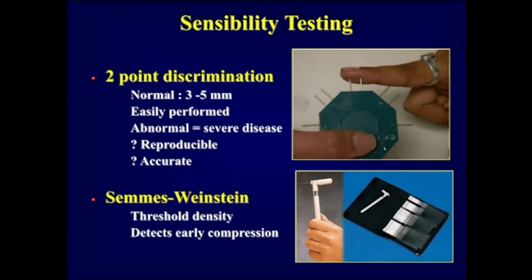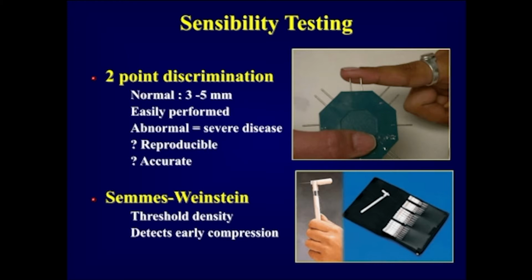As far as sensibility testing is concerned, I think we need to be somewhat objective. These two tests are not purely objective, but I think it's important to record sensibility testing so that when you reevaluate the patient, you can compare whether or not there has been progression or resolution of the problem. Two-point discrimination is most easily performed.